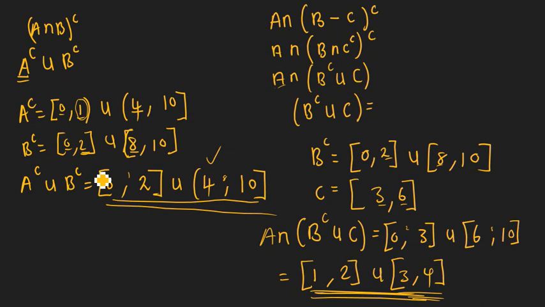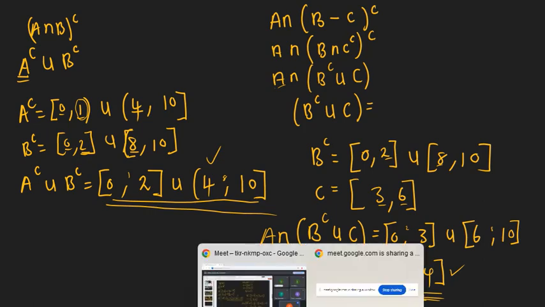And this makes sense, okay? Because if you look at set A, it makes sense. Up to this particular point, is it clear?